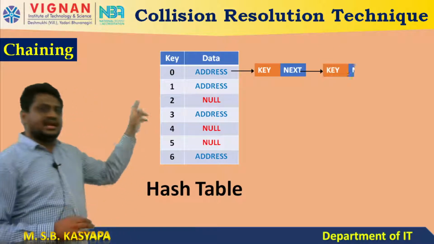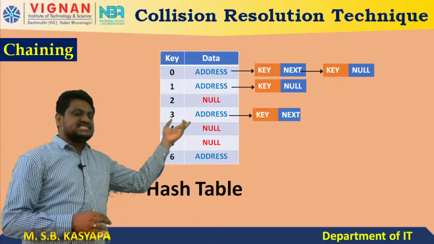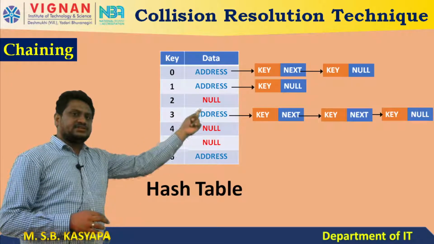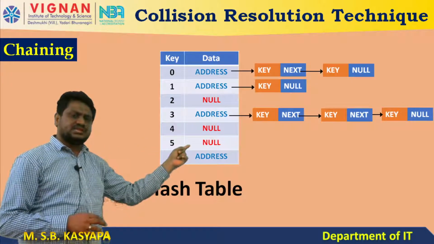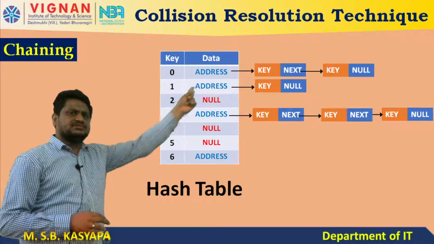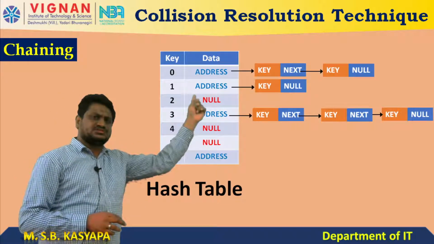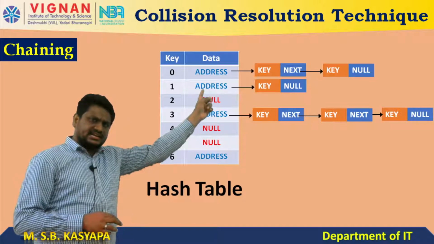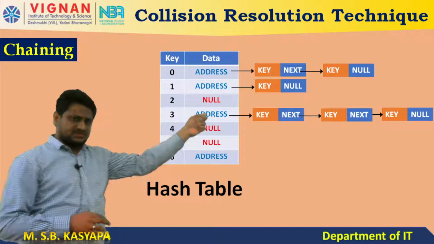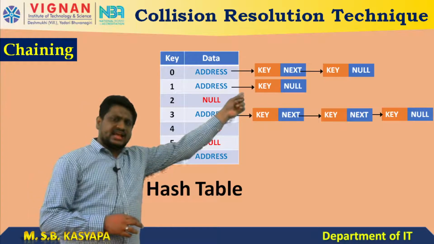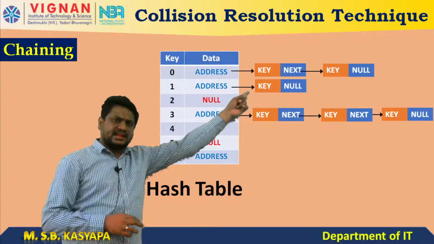Now, see, this is my hash table. Generally here I would store the data, but instead of storing the data directly, I use the address of a linked list. If I want to insert data here or here, I will create the data as nodes.